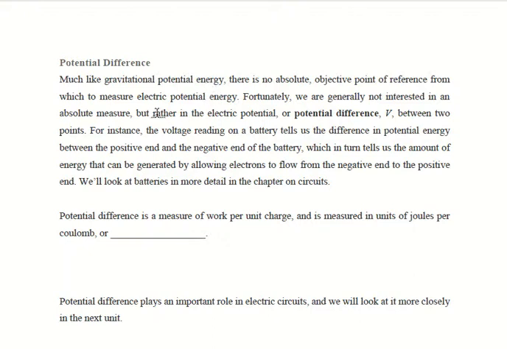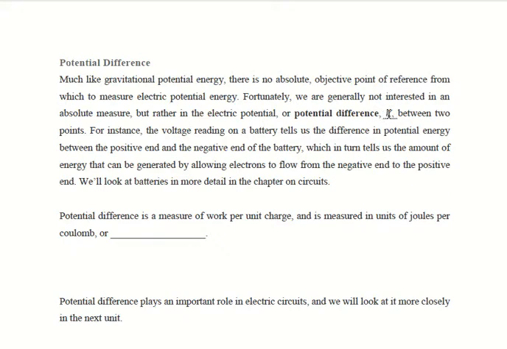What we really care about when we're talking about potential is how much different it is from one location compared to another. So we care about in electric potential the potential difference, and that variable for potential difference is V. So we'll talk about V a lot in this unit and the next unit. So we care about potential difference between 2 points.